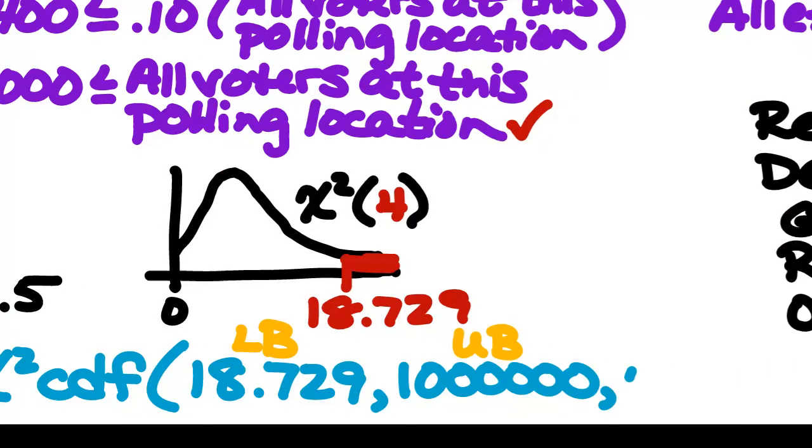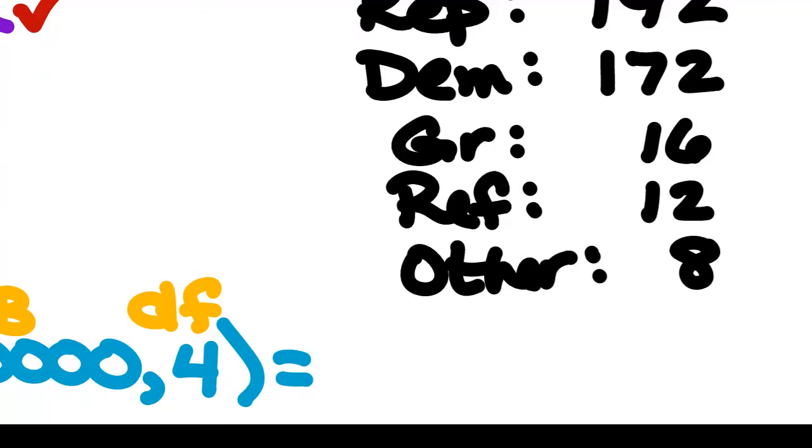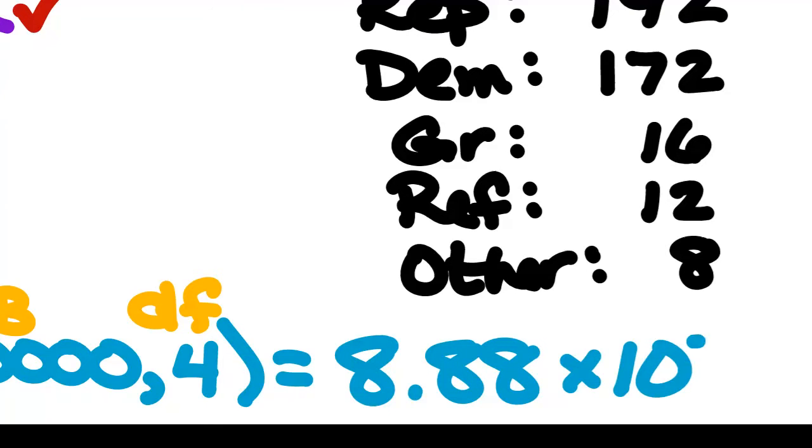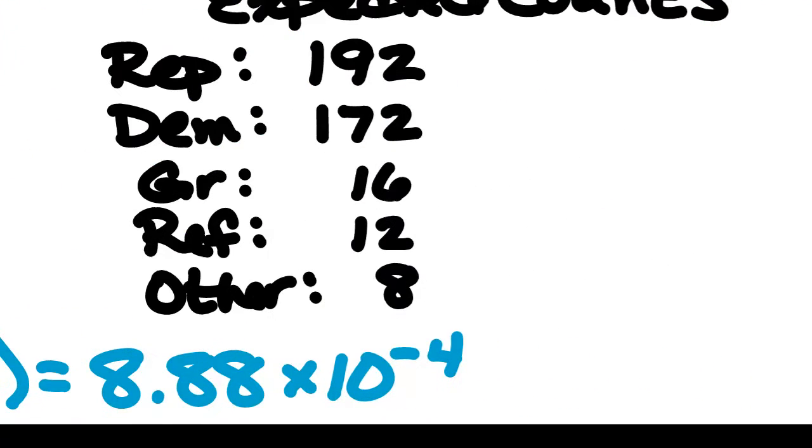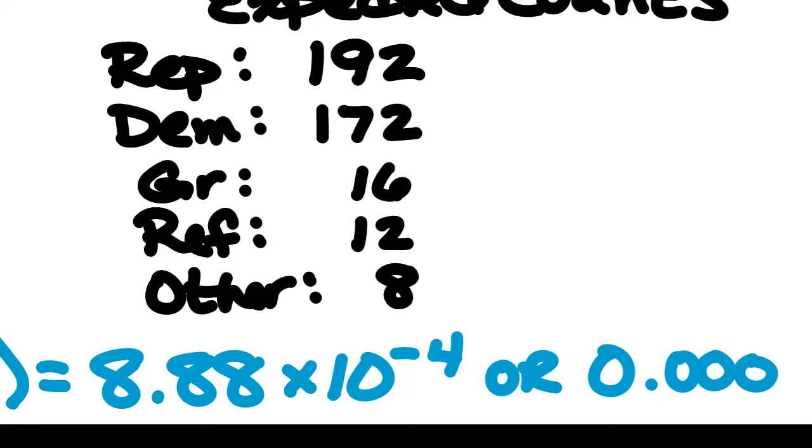And then our degrees of freedom, which is 4 for this one. Pop that in the calculator. And it gives you what? 8.88 times 10 to the negative 4. Or if you wanted to write that out long ways, that would be 0.000888.